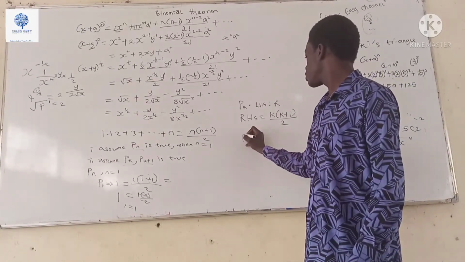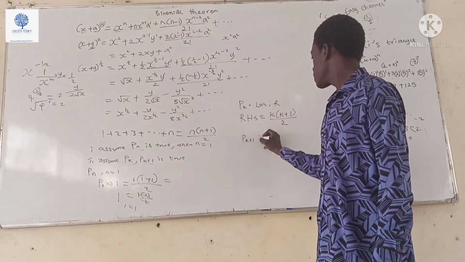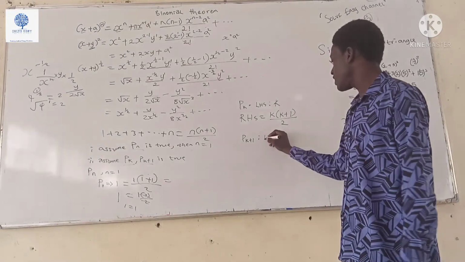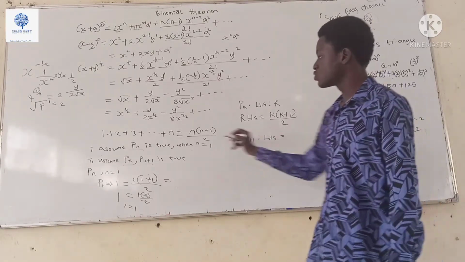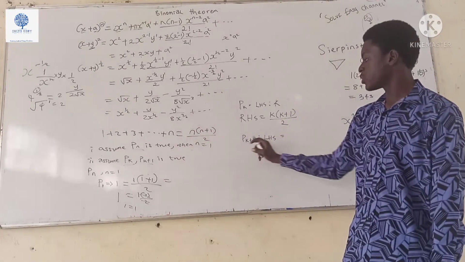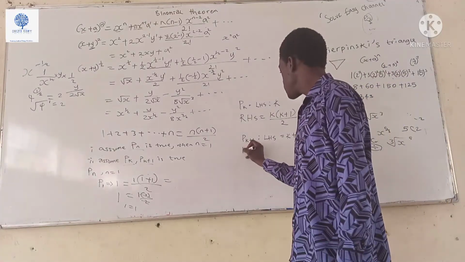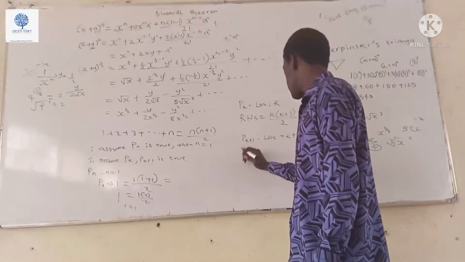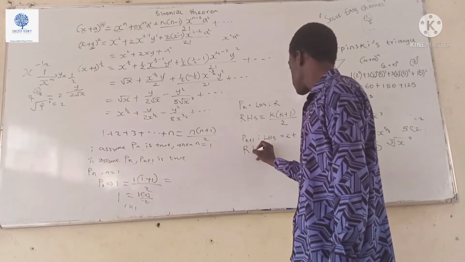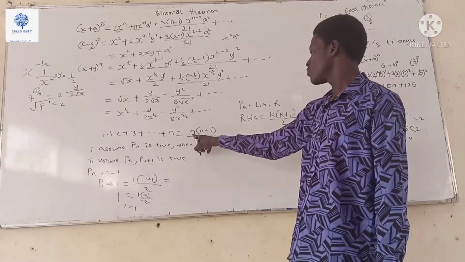But P of k plus 1, such that the left hand side is equal to wherever there is n, we put k plus 1. Now P of k plus 1 again for the right hand side, wherever there is n, we put k plus 1.